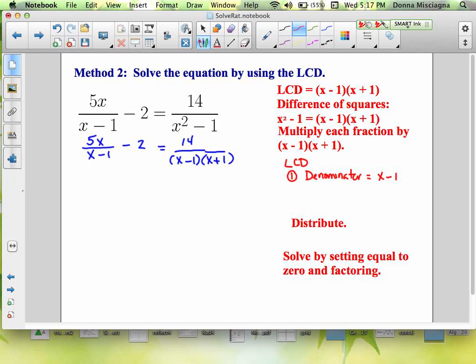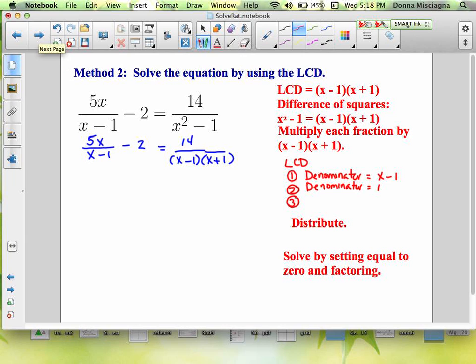So I definitely need a factor of x minus 1. In the second term, the denominator is 1. Right? It's just an integer. Any integer value could have 1 as its denominator, right? Because 2 divided by 1 is still 2. So we don't need the 1.